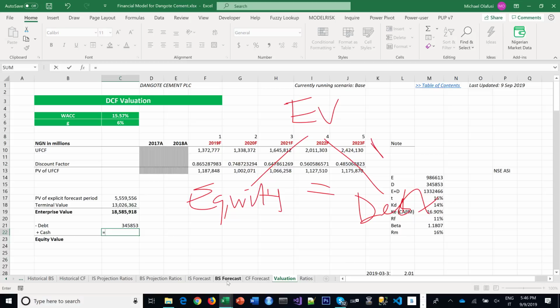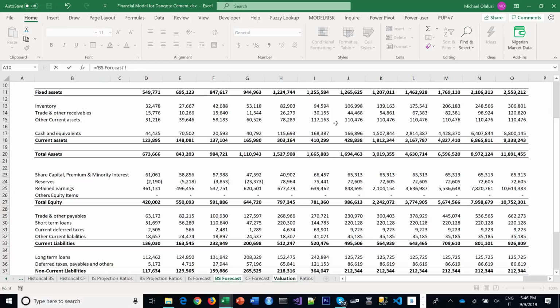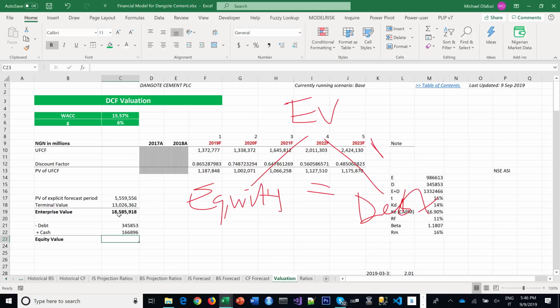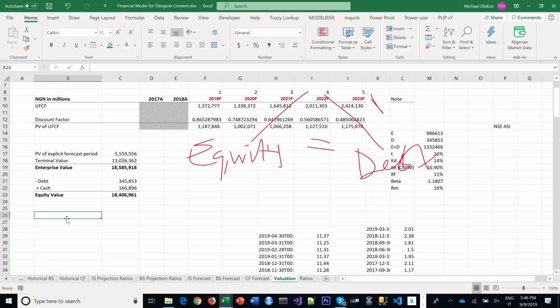I can go to the BS cash for the last actual year, and then I can make all of these have the commas style. So it will be this minus this plus this. That gets me the equity value.